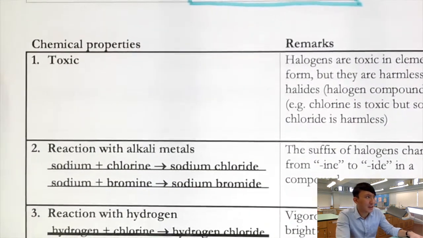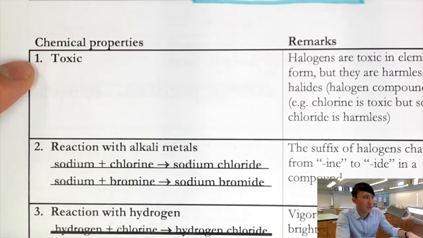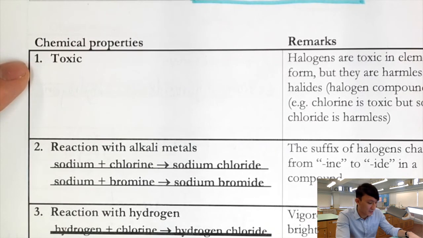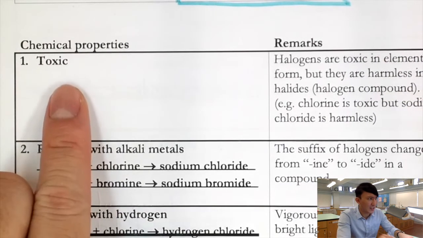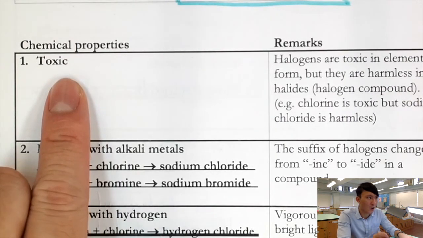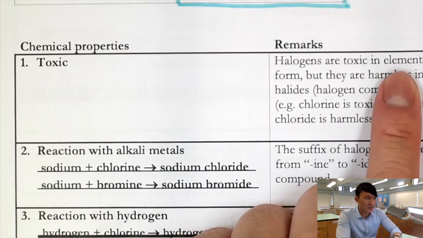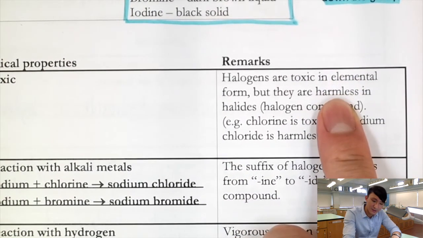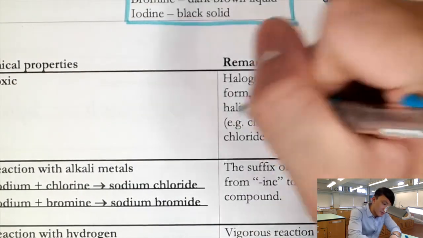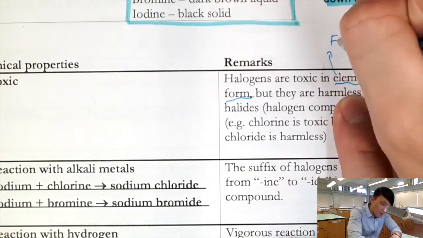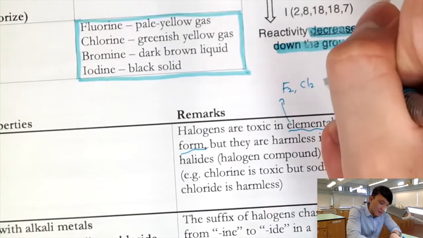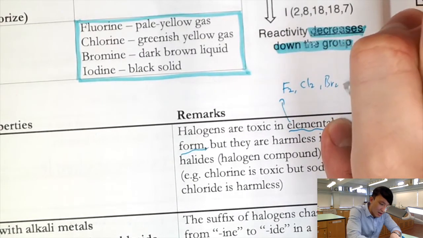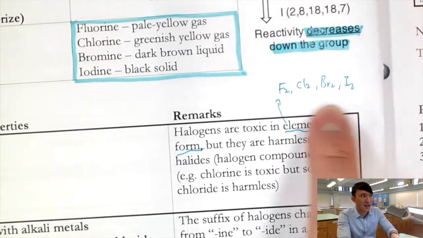Now, this table shows you some chemical properties which are not very important. So first of all, they are toxic. Halogens are all toxic in their elemental form. So fluorine, chlorine, bromine, iodine, these are all toxic.